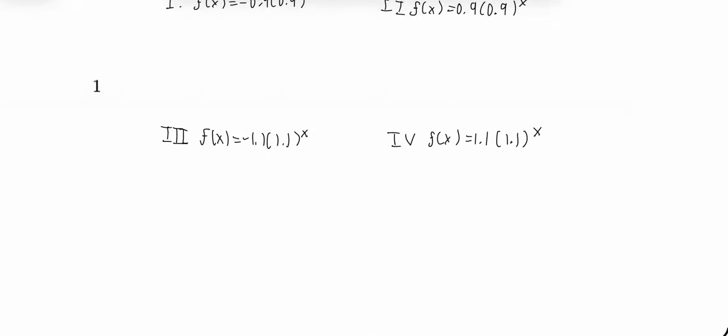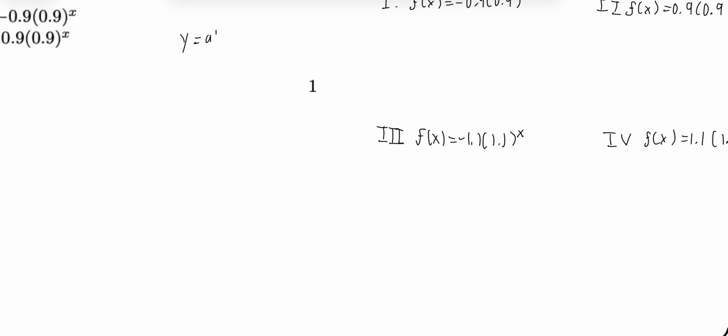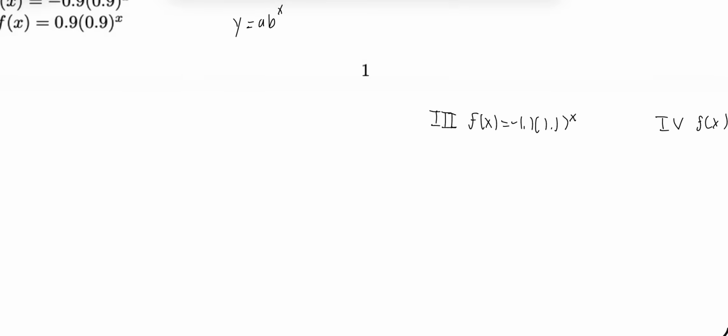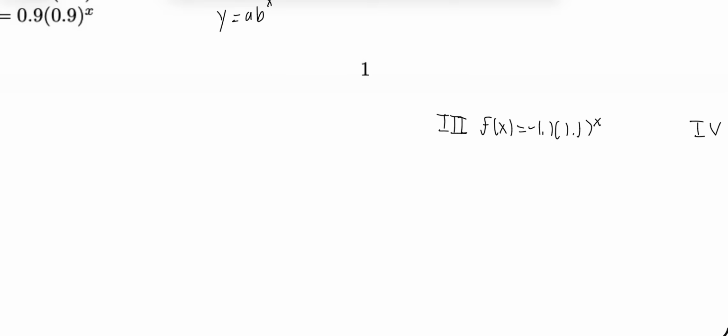So we have to look at the end behavior of an exponential function for y is equal to a times b to the power of x. It's depending on the signs of a and whether b is between 0 and 1 or is greater than 1. So let's look at these different possible values.